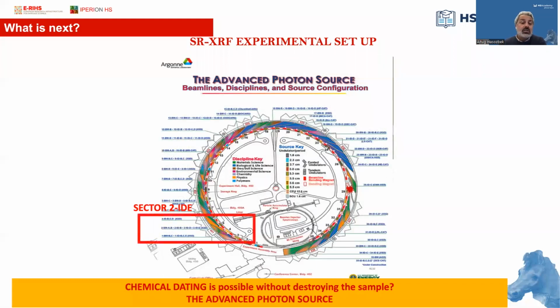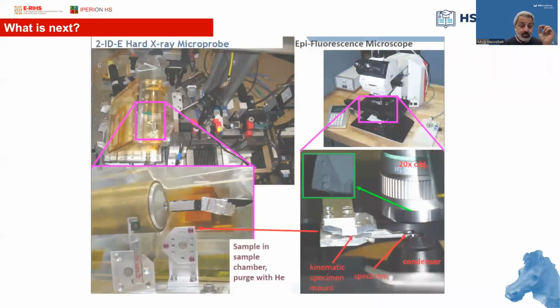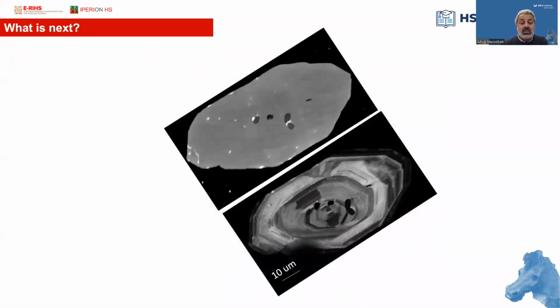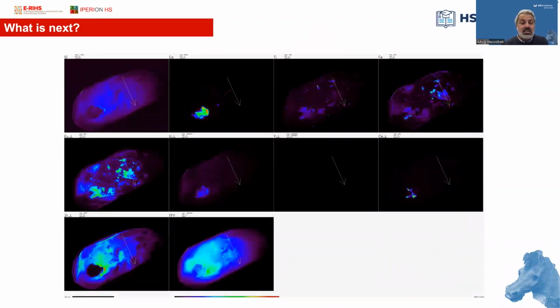And here I used sector 2 ID-D, to see whether, without destroying my mineral, I can chemically date my sample. These are my zircons, and I tried to see, without destroying my samples, these nice XRF images with low energy and high energy. In the end, chemically, I have the data, but unfortunately, I couldn't date this particular sample.